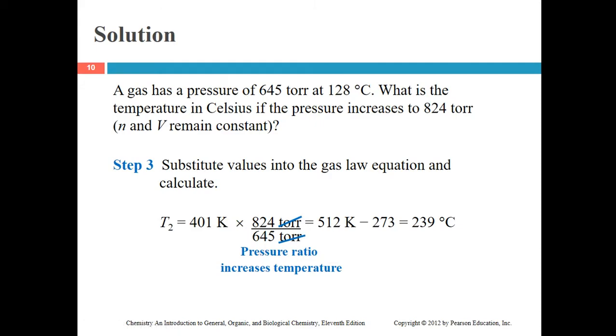But we have to remember that they asked for it in Celsius, so we need to subtract 273. So 512 Kelvin minus 273 is 239 degrees Celsius, which makes sense because we increased the pressure, and because this law is a direct relationship, that meant that the temperature also had to be increased.